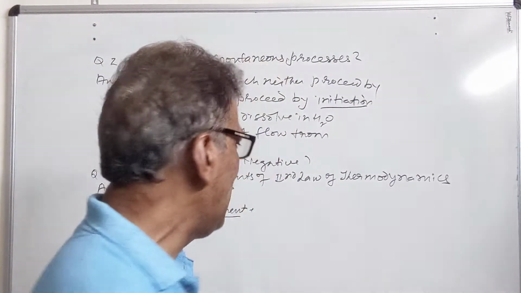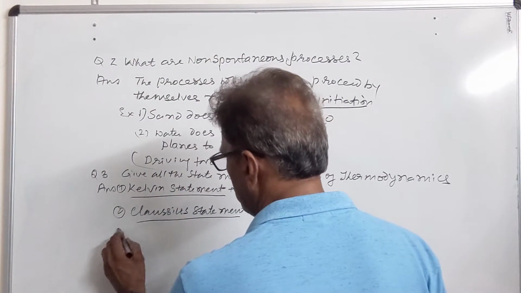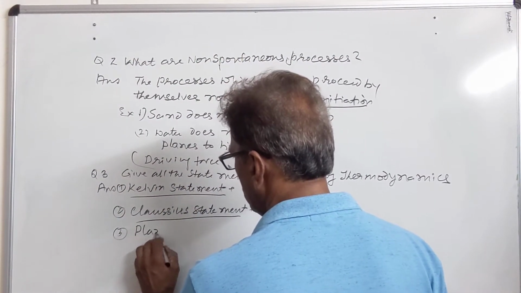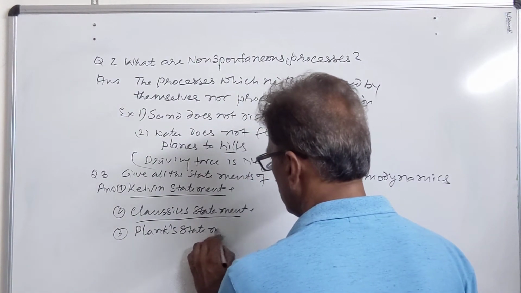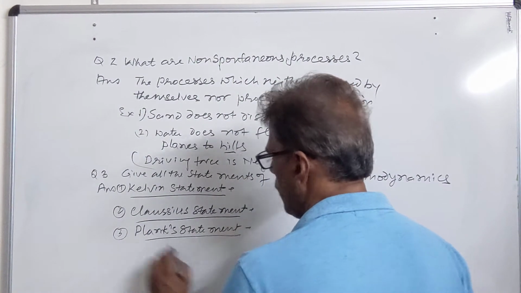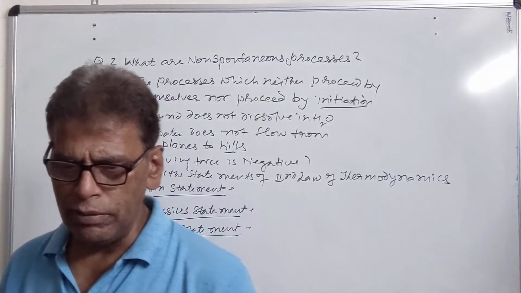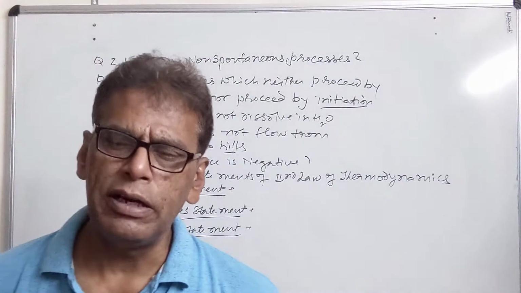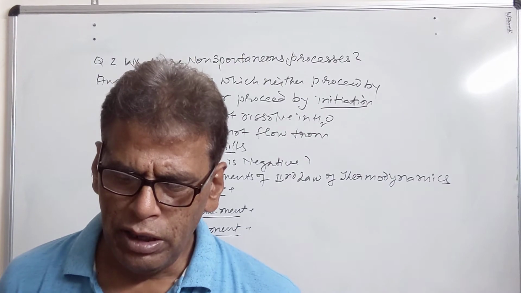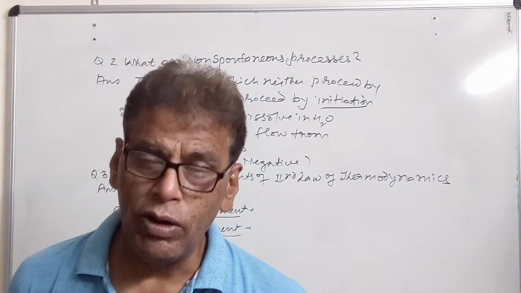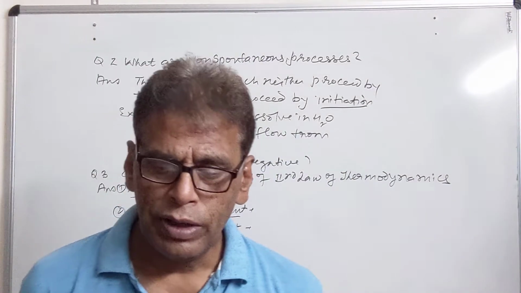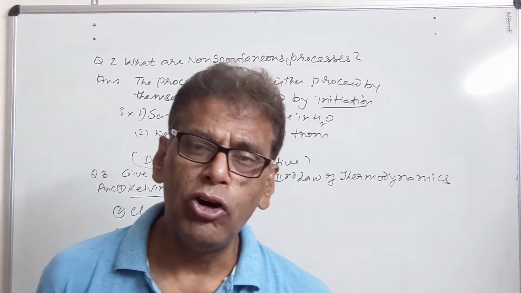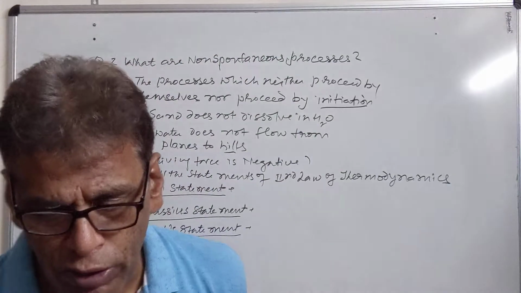Then we have Planck's statement. What is Planck's statement? It is impossible to construct a perpetual machine which will do work in a complete cycle and convert heat into an equivalent amount of work without producing any change in the surroundings.